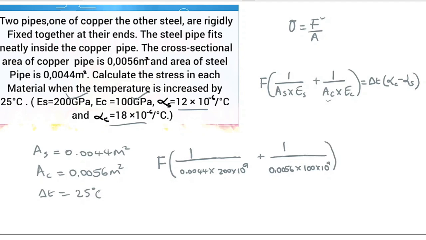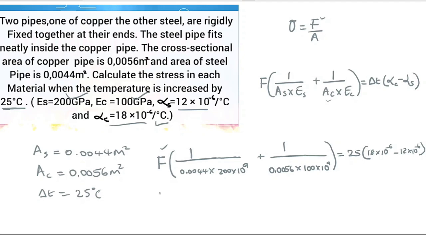Then close bracket. It's equal to the change in temperature, here it is 25 degrees. Then the coefficient for the copper is 18 times 10 to exponent -6, minus 12 for the steel, 12 times 10 to exponent -6. It is like this. Our goal is to find this force.